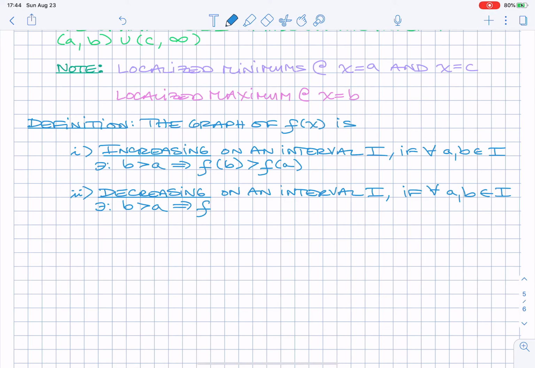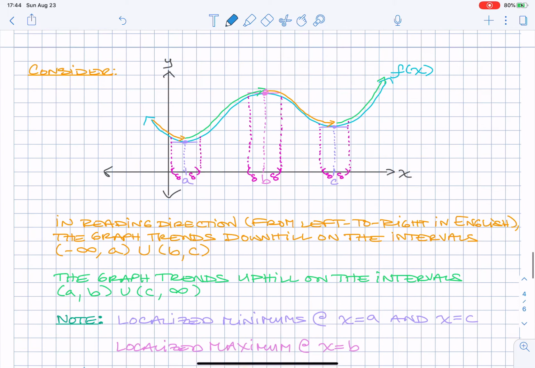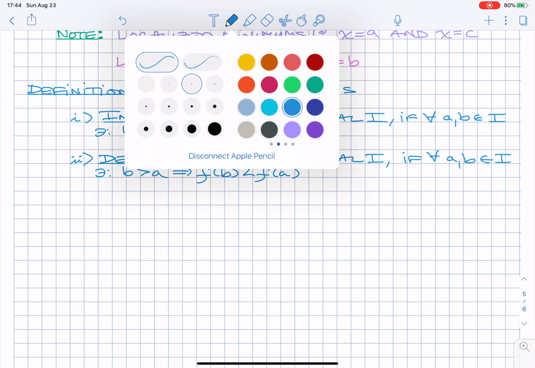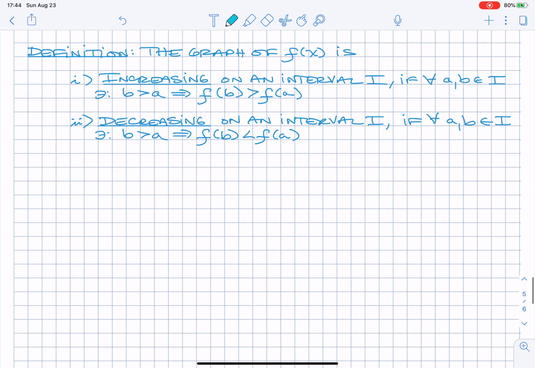So now we want f of B to be less than f of A. If we look at this part where we're going downhill, my y values start off positive and get a little bit more negative, because my y values are decreasing as my x values are increasing. Pardon me. Oh my goodness, this smoke is going to kill me. So, definition.